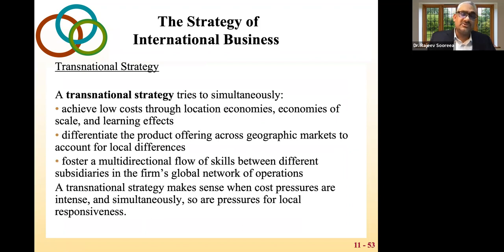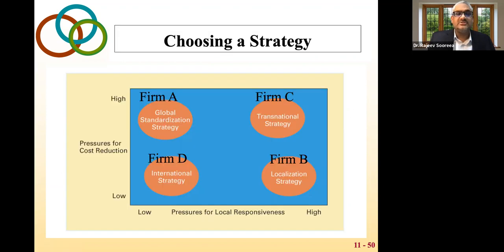A transnational strategy, okay, simultaneously tries to achieve two things, right? A transnational strategy basically is here. So if there is high pressure to reduce costs and high pressure to respond to the local market needs, then you're going to use a transnational strategy.